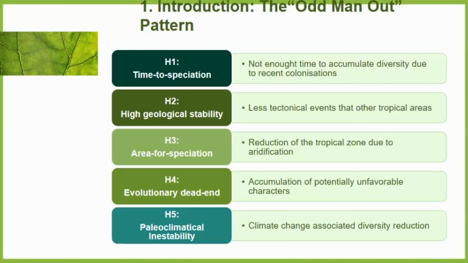And then you have the evolutionary determinant one, that is a special one. So it's not focused on the climate or the area itself, but on the characters that the lineages in Africa accumulate. So they saw that some characters, like for example dioecy, accumulate more in the lineages of Africa than in other parts.